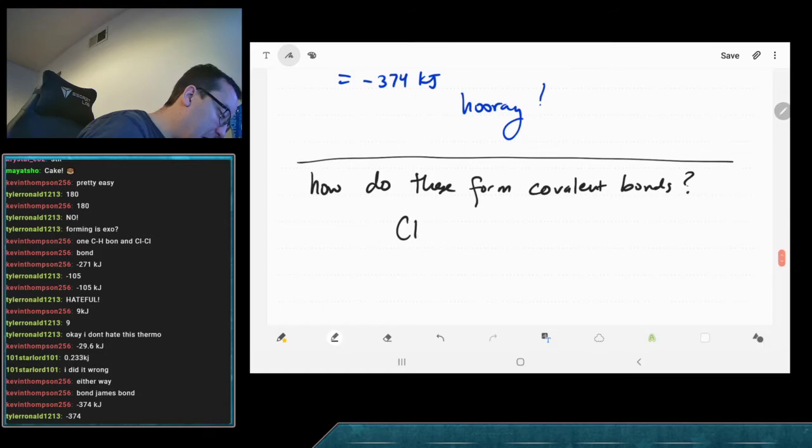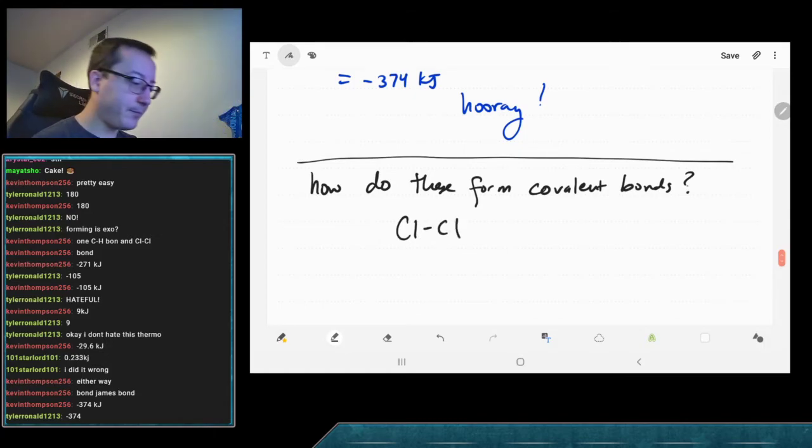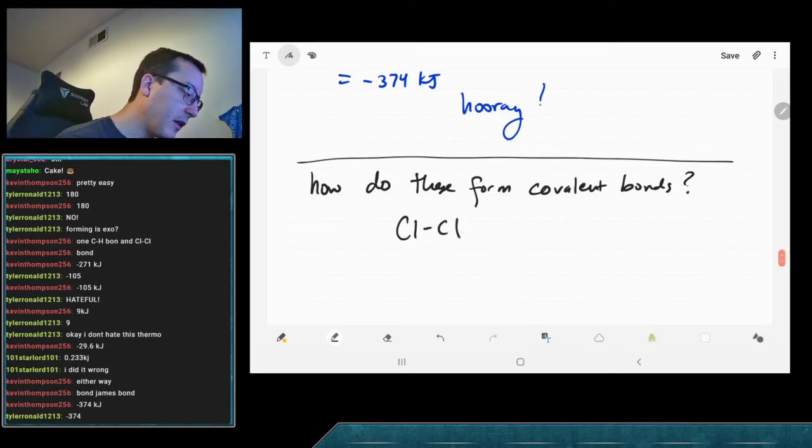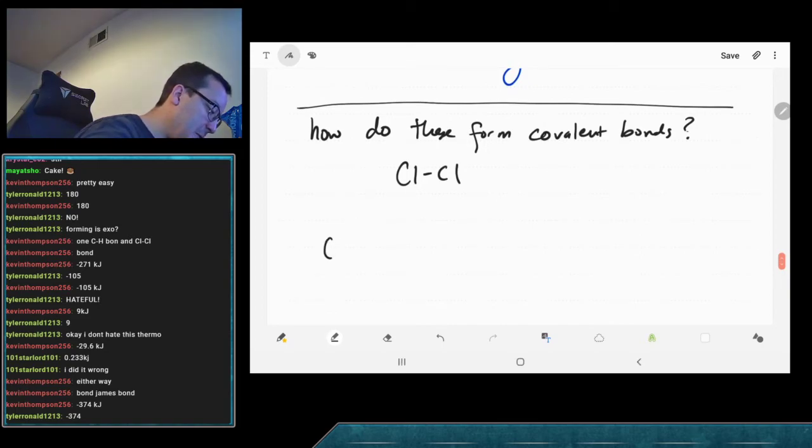And so let's look at chlorine. We know that chlorine has, what noble gas? Neon, I think. 3s and 3p, right?